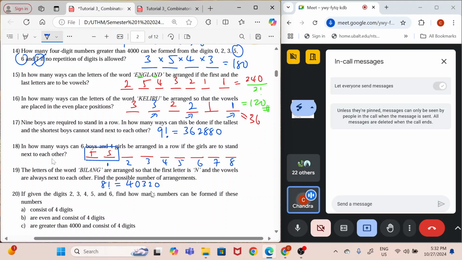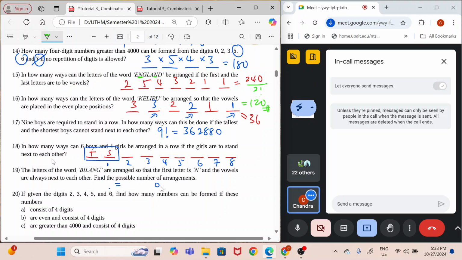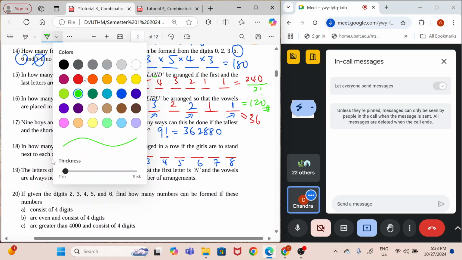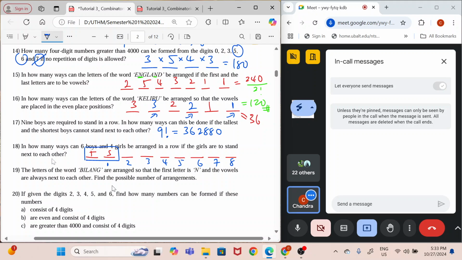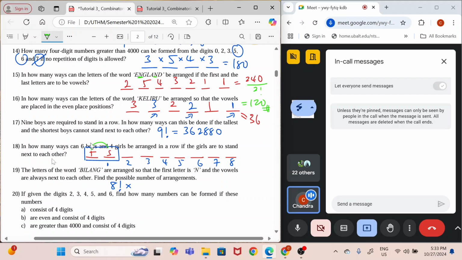Okay, this much arrangement is 8 factorial. 8 factorial multiplied with the 2 inside that can interchange.